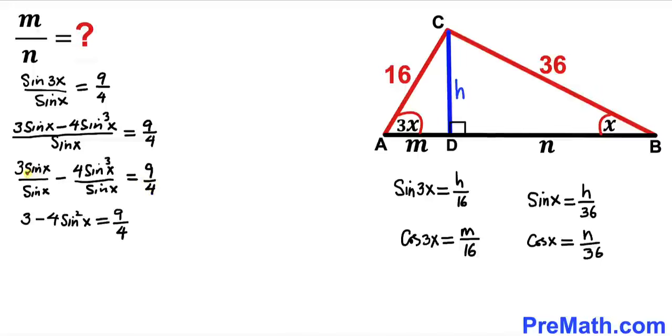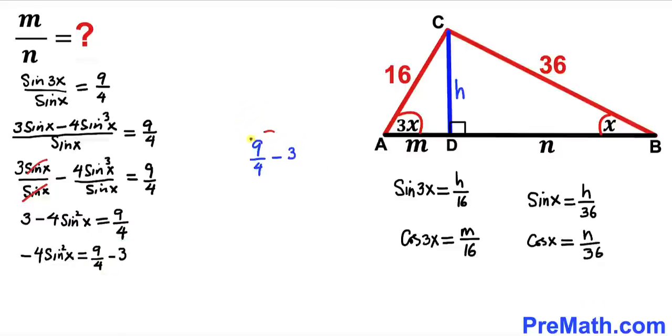Here we can see sine of x and sine of x are gone, so we end up with this 3. And sine cubed divided by sine of x gives us sine squared of x. Now we are going to move this 3 to the right hand side, as you can see in this next step. Let's focus on the right hand side.